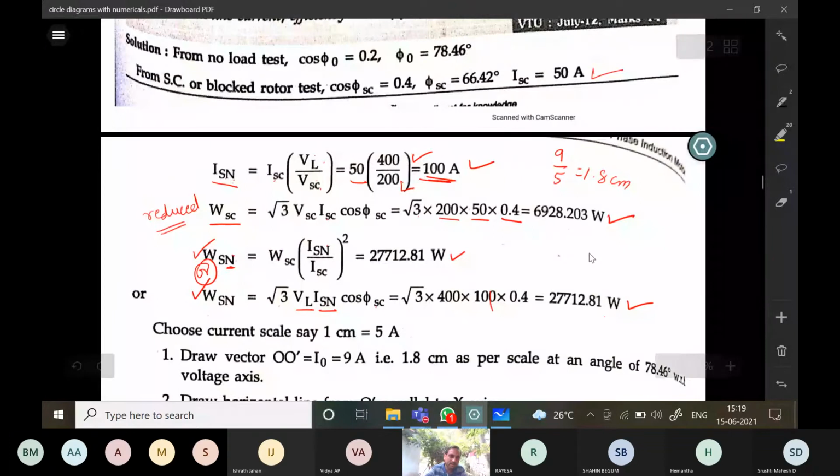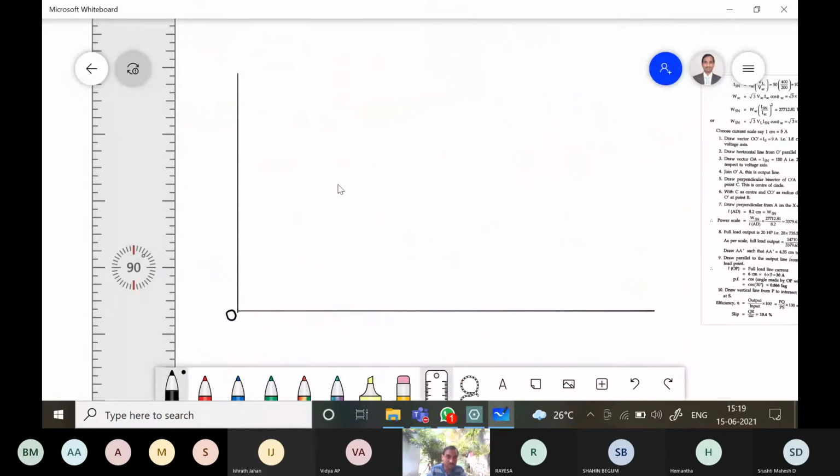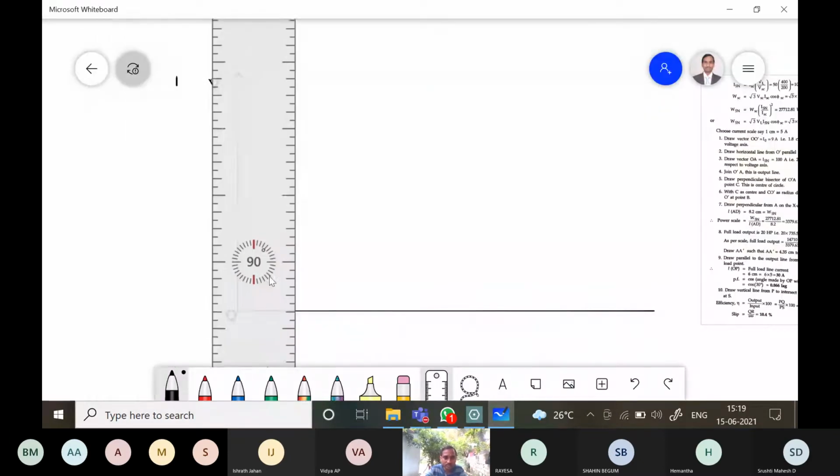So draw 1.8 centimeter, taking a protractor, at an angle of 78.46 degree from the y-axis. The y-axis is voltage and this is the x-axis. So taking 78.46 degree from the vertical axis.